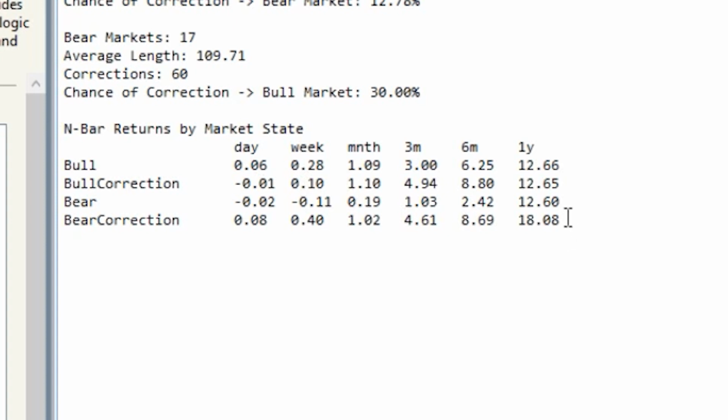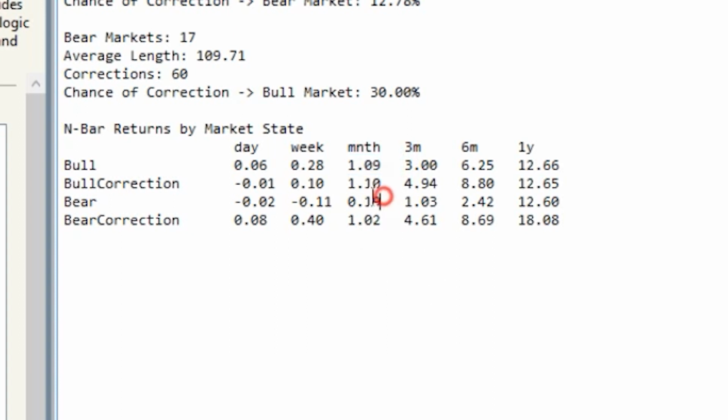So a couple of interesting observations. If your outlook is short term, for example, weekly, monthly, maybe you're a swing trader, it's clearly not advantageous to attempt to do long position swing trading in a bear market, with an average monthly return of only 0.19 compared to the 1.09 of the bull market.